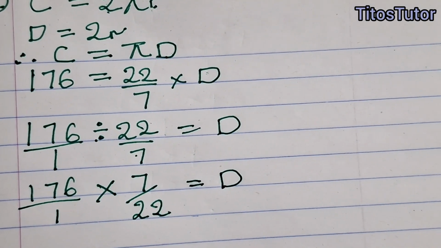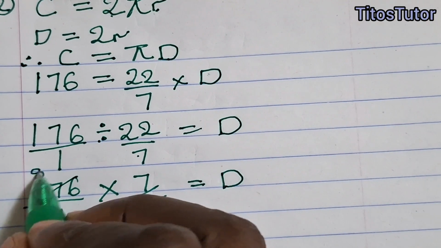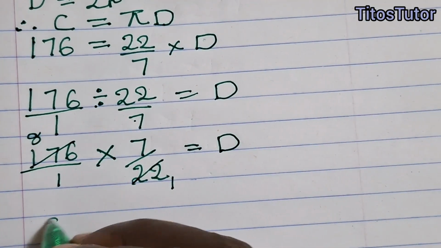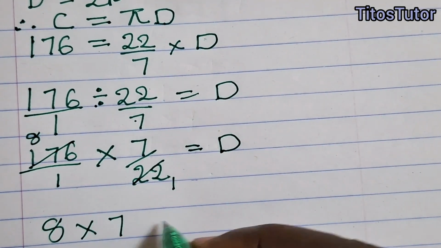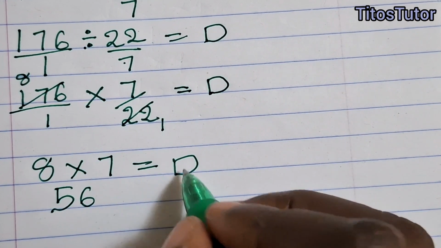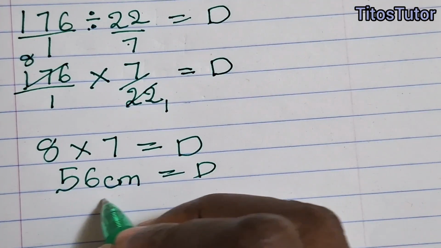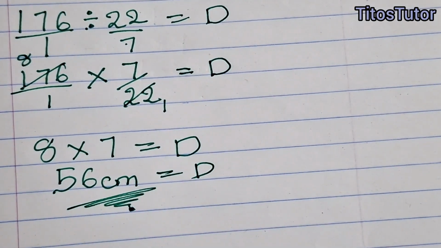Okay, so 22 can divide this 8 times. So I have 8 times 7 is equal to d. 8 times 7 is 56, and my diameter is 56 cm, and I am done.